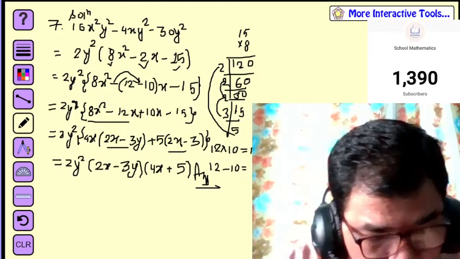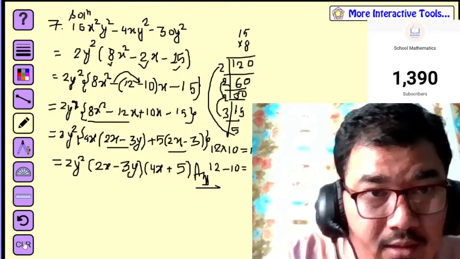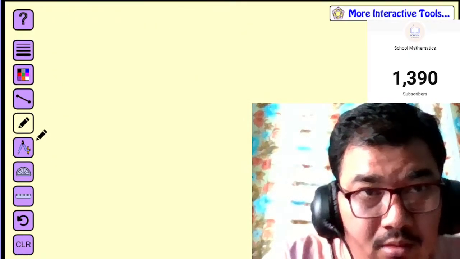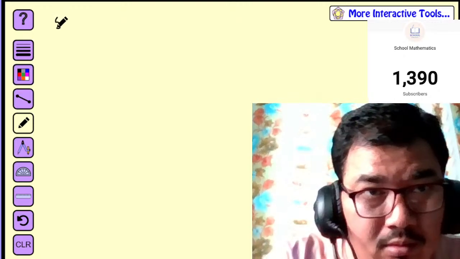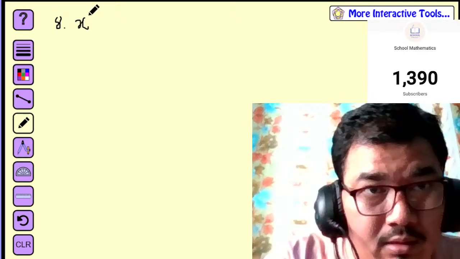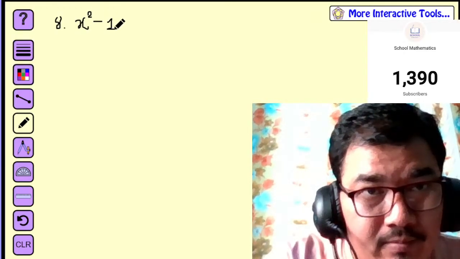Now here is asked one question, okay, that I want to show you in algebraic tile one, okay. This 8 number. Here is question asked by the student that how to show this x square minus 1 in algebraic tile, okay.